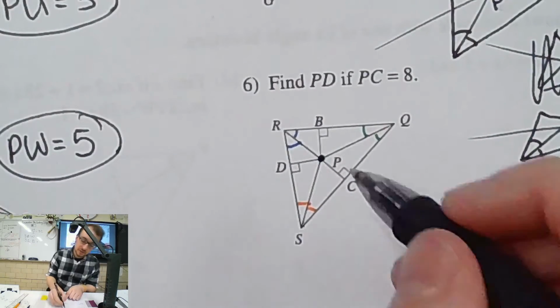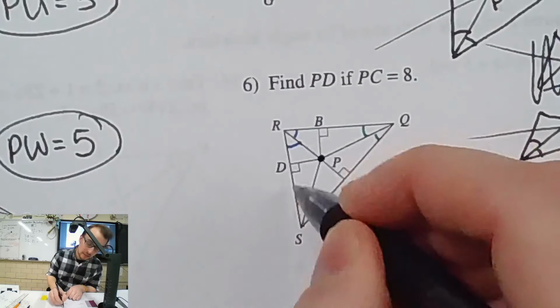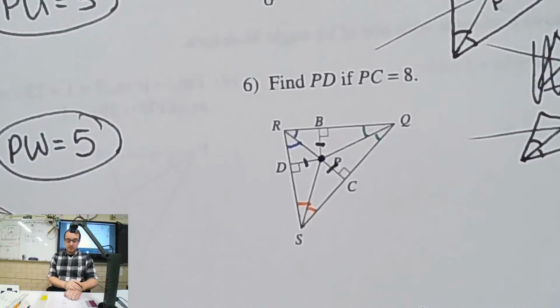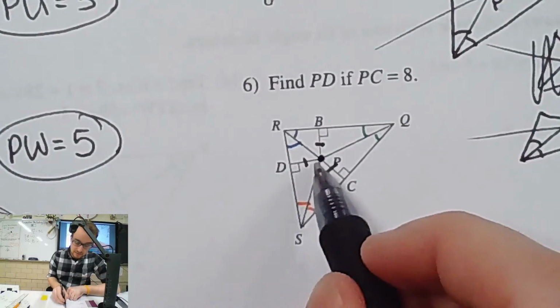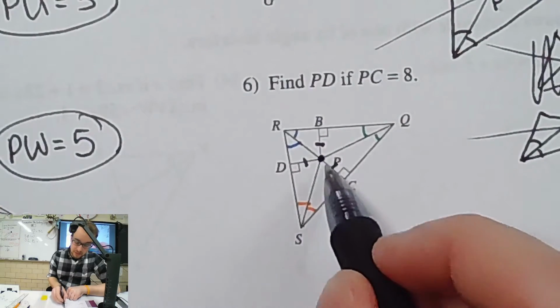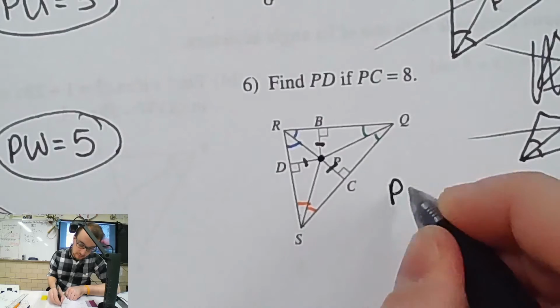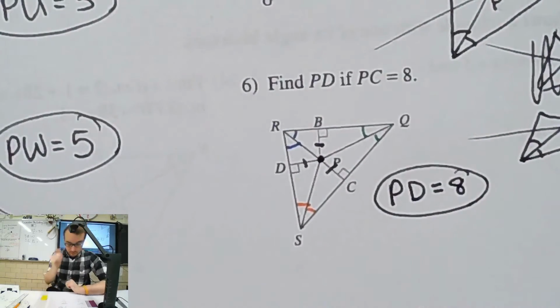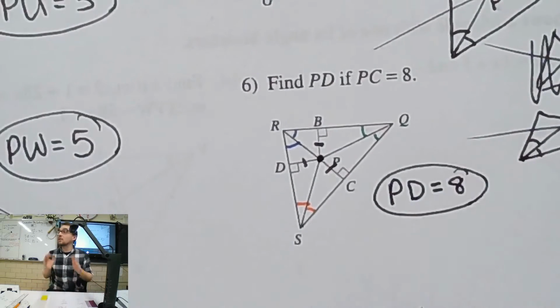And we know the incenter is the center of a circle inside, which means these are radii. So they're all the same. So if PC is 8, then PD must also be 8. But that's only true if P is the incenter. If it's not the incenter, then that's not what's going to happen.